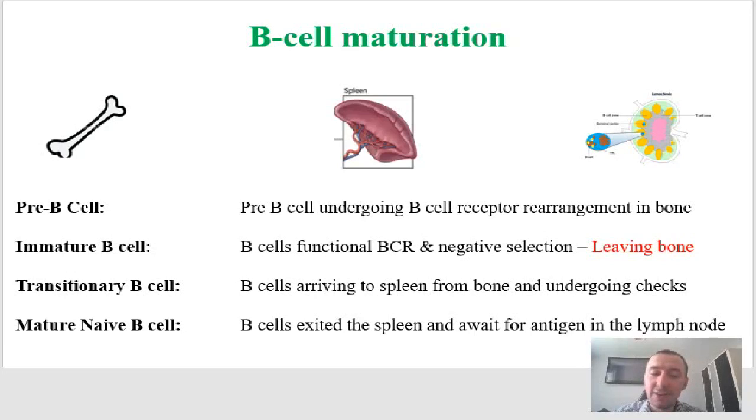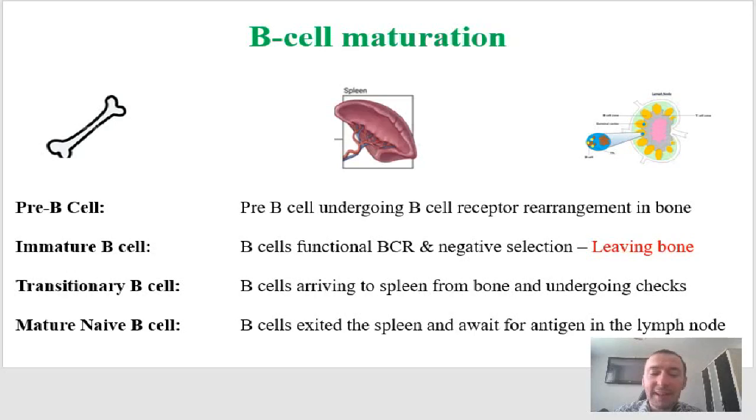And the last stage of the transitionary B cell test is to ensure that it does react against its target antigen. Once it goes through that transitionary B cell stage, it's now ready to leave the spleen, or tonsils as it may be, and it then subsequently makes its way towards a lymph node.